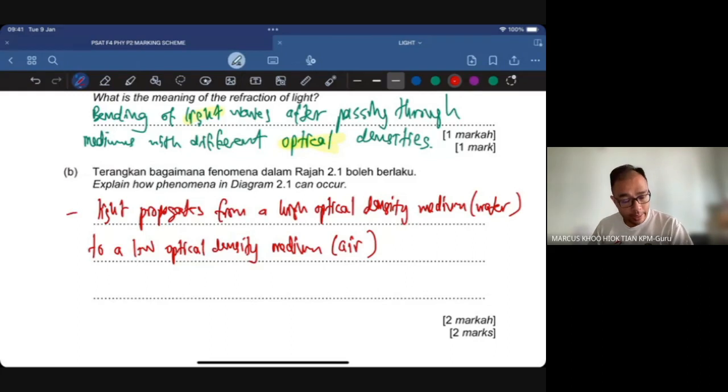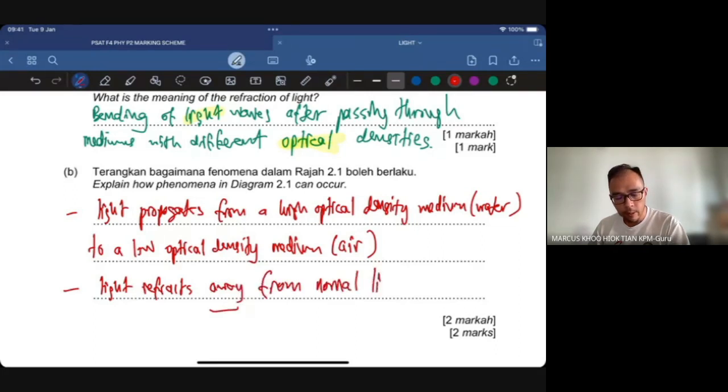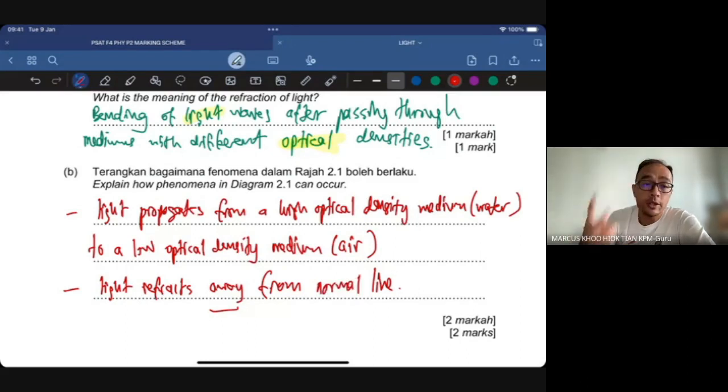And then the second point is where does it travel to? The light refracts away from the normal line. 2 marks only because it's only 2 points.